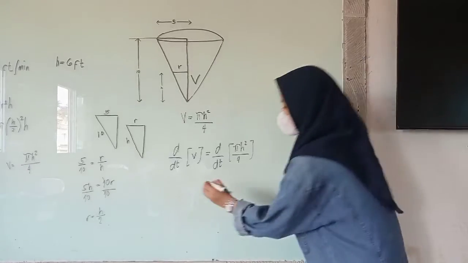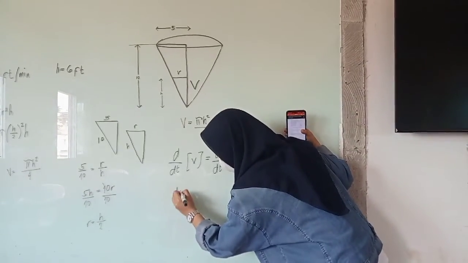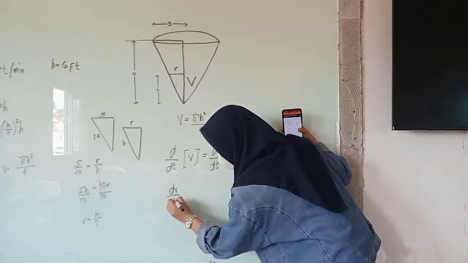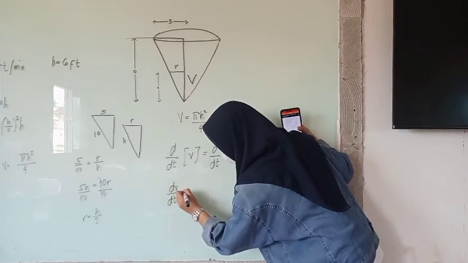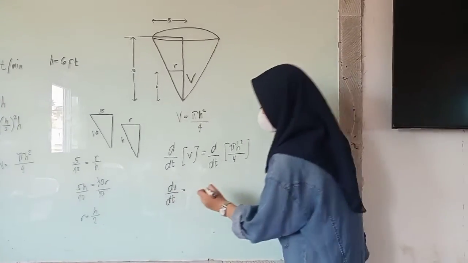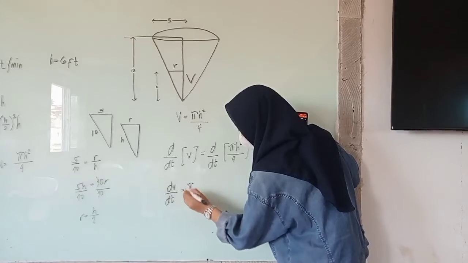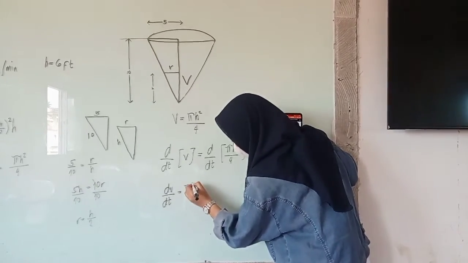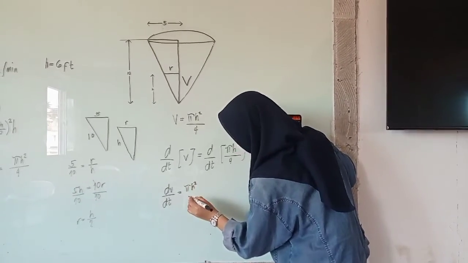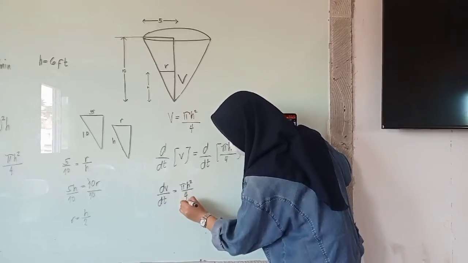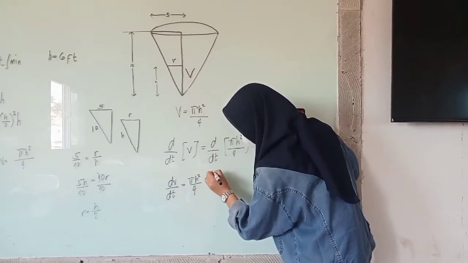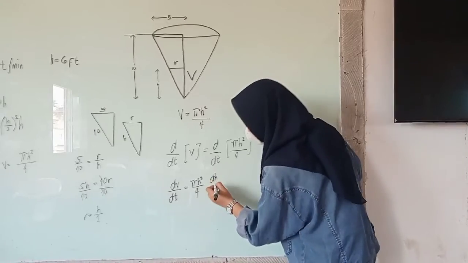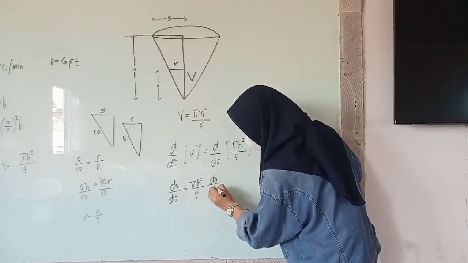So dV/dt is equal to pi h squared over 4 times dh/dt, the rate of change of height with respect to time.